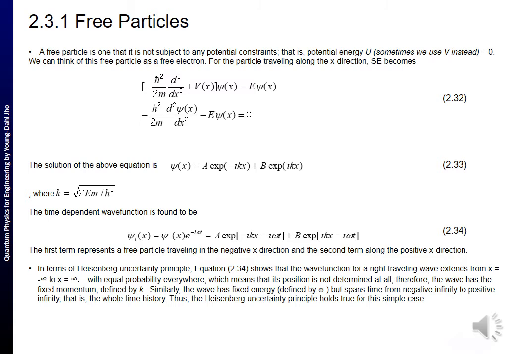Free particles. A free particle is one that is not subject to any potential constraint. That is, potential energy U, or sometimes V, is equal to 0. We can think of this free particle as a free electron.